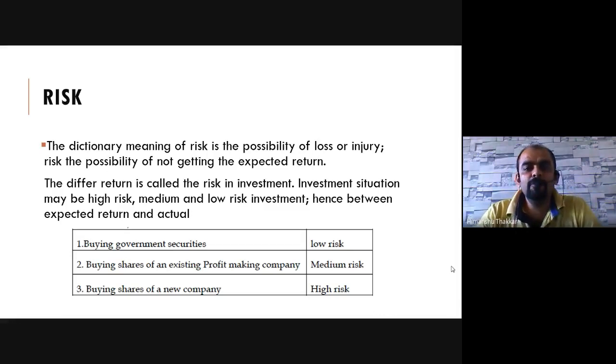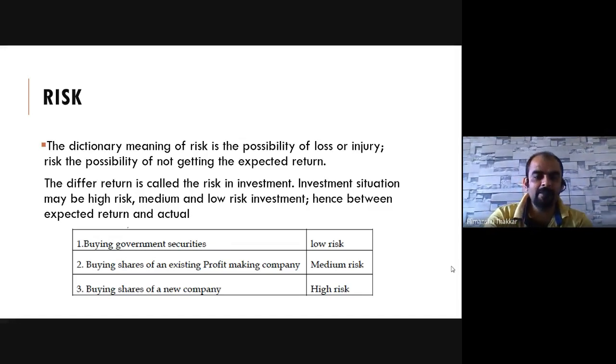But when it comes to investment, it is the possibility of not getting the expected return. What you expected as a return, if you don't get it, then that is the risk associated with that investment. The deferred return is called the risk in investment.